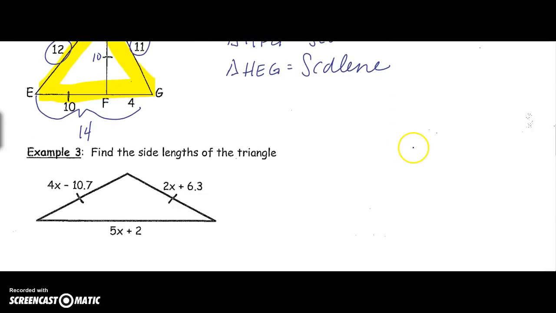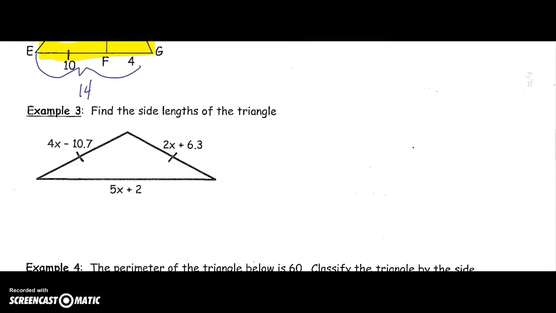We can also use side lengths in order to find a value of x. So in this example here, you have two sides that are congruent. Congruent, remember, also means equal. So you can take those two sides and set them equal, because we state that they are congruent.